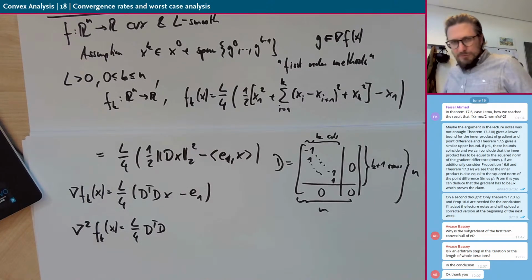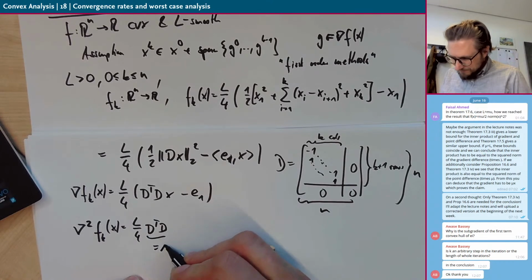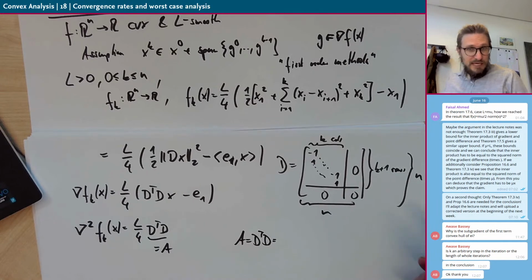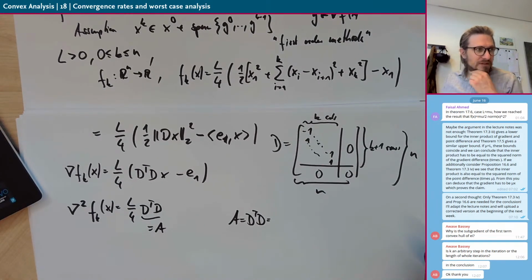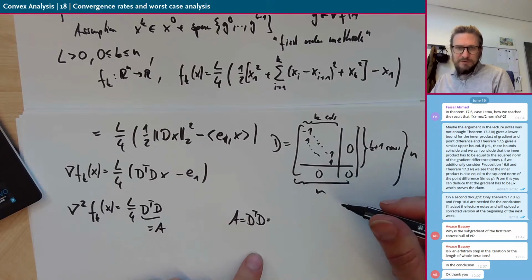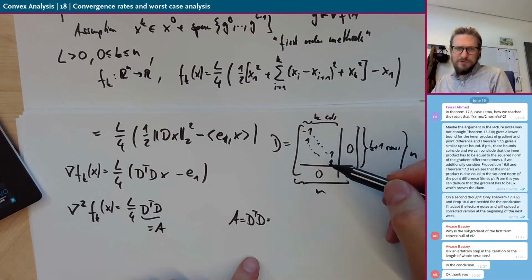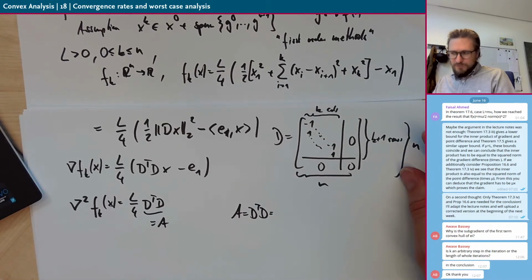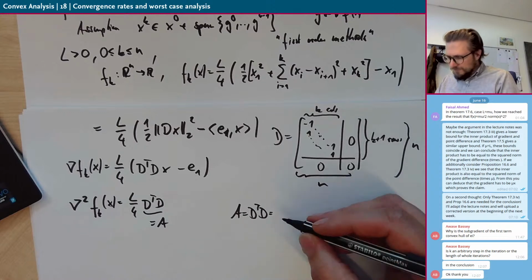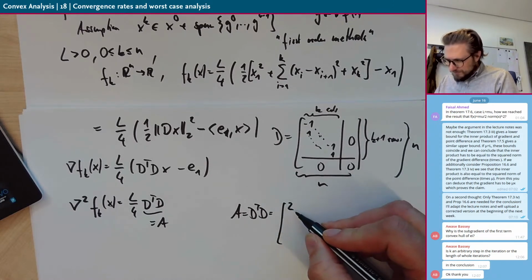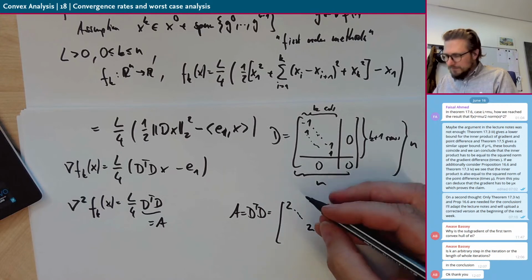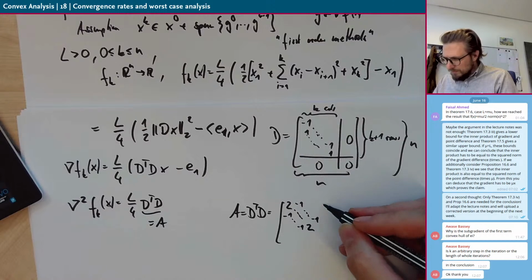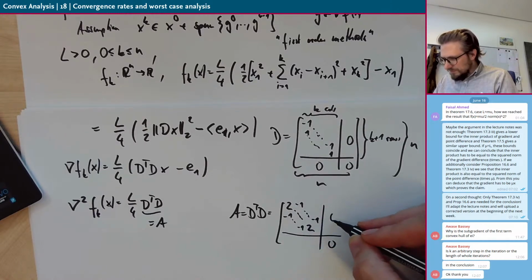We call this guy here A. So how does this A look? A is D transpose D. I know it's a little bit of algebra, but basically D forms first order differences, and D transpose also forms first order differences, and careful inspection shows that this gives 2 on the diagonal, minus 1 on the first upper diagonal, minus 1 on the lower one, and still zeros here, here, and here.